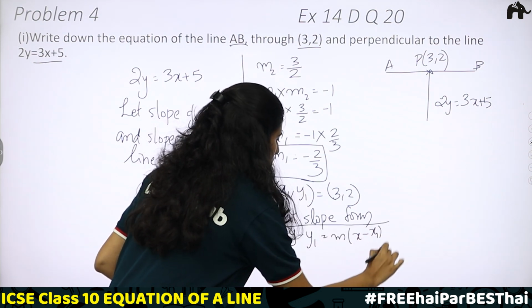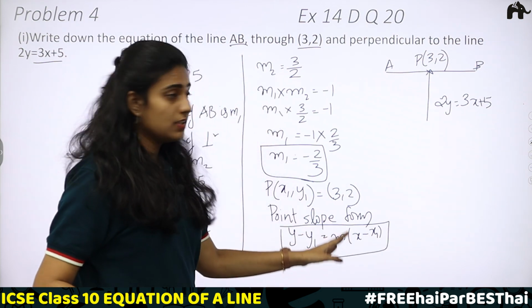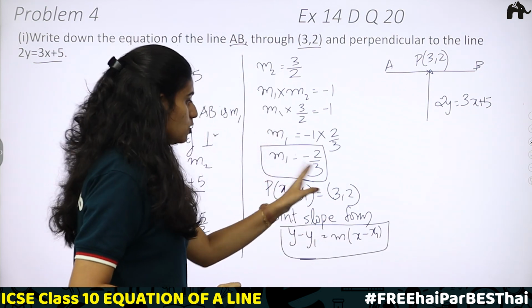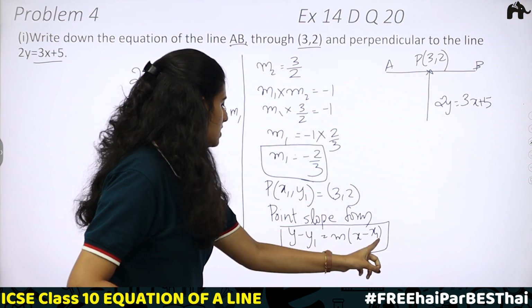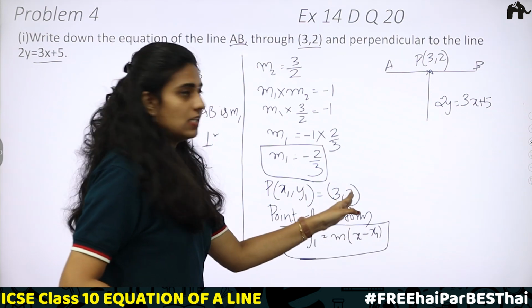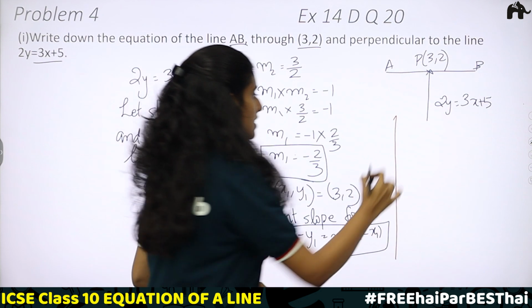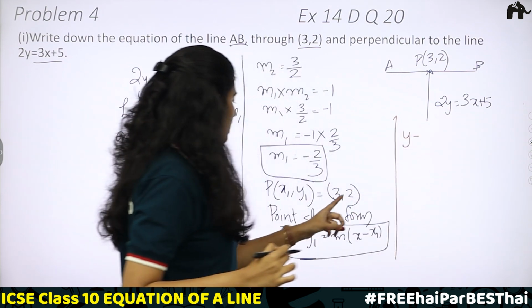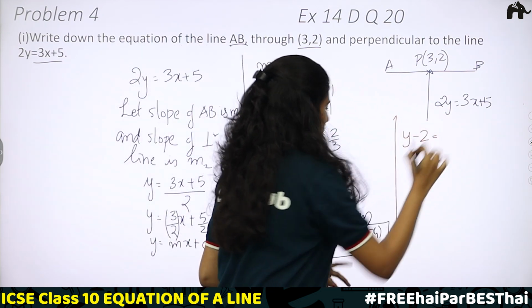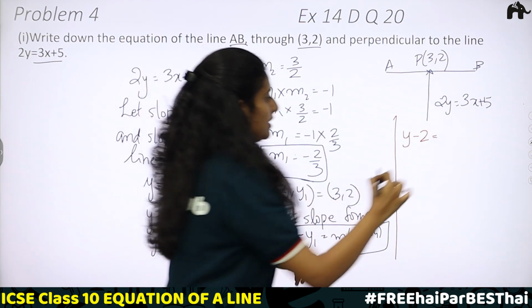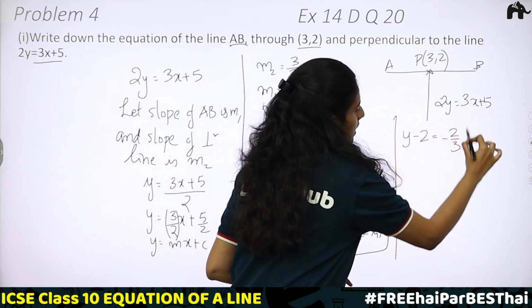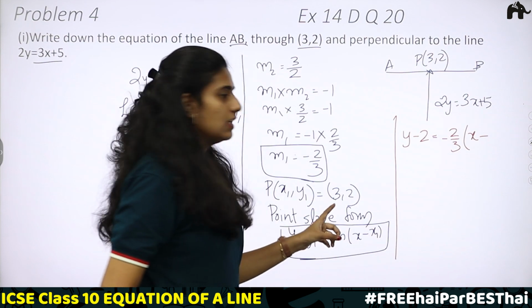So this is the point slope form. We have m, here m is m1, that is minus 2/3, and x1 = 3, y1 = 2. Substituting, we get y minus 2 is equal to minus 2/3 into (x minus 3).